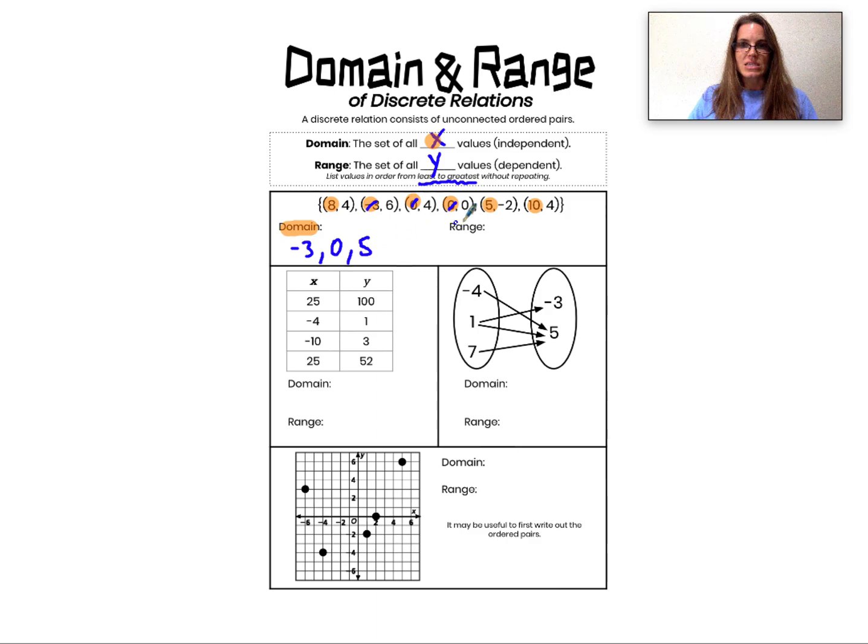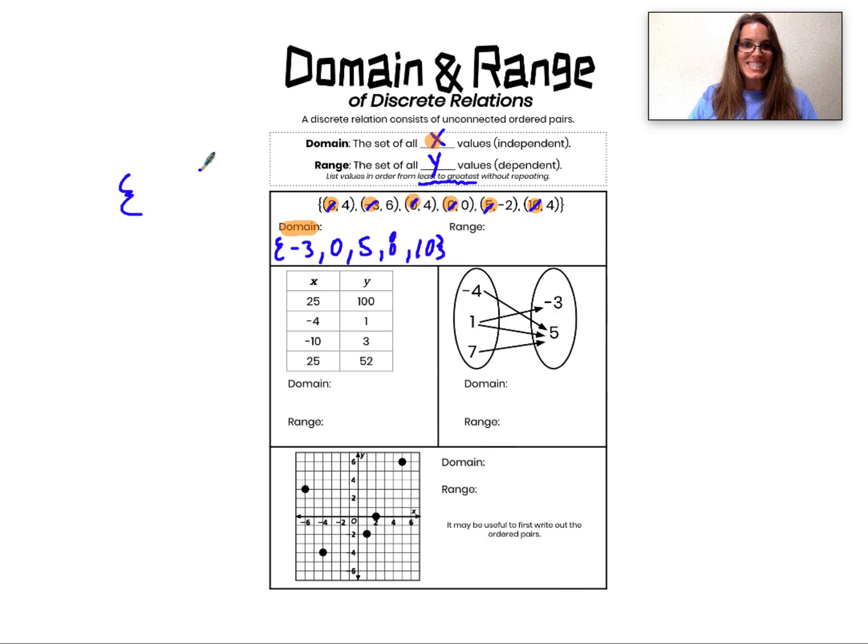Next up is x equals 5. x equal to 8 is possible, and then my last possible x value is 10. Here's my domain of this relation. The possible x values are -3, 0, 5, 8, and 10. However, when I am asked to write the domain or the range, I'm asked for a set.